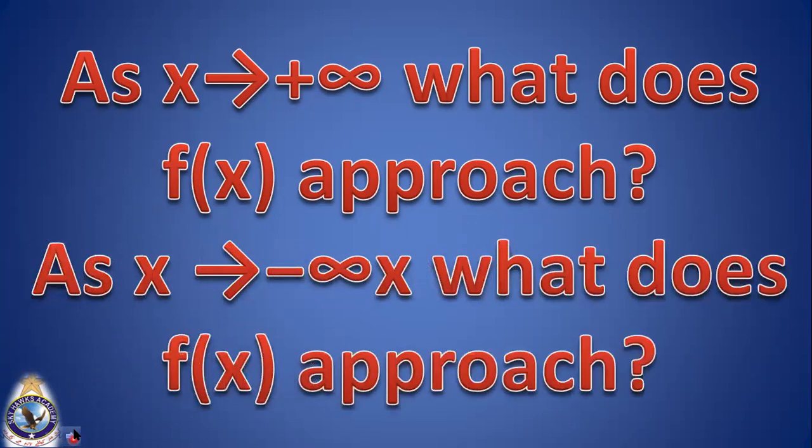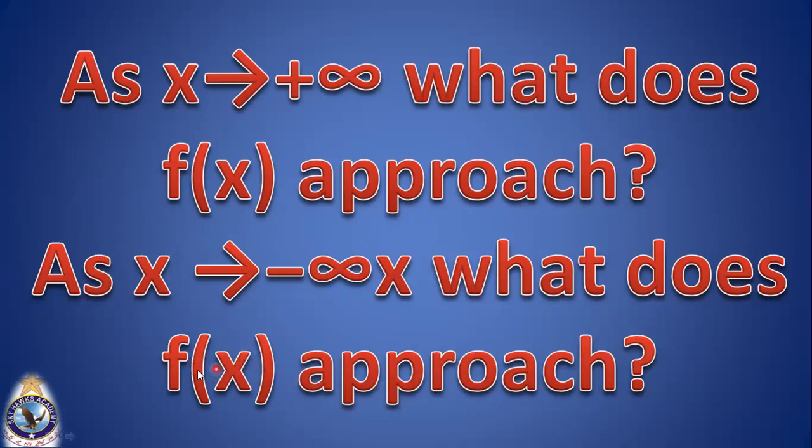Next, the second is, as x tends to negative infinity, what does f(x) approach? So as we were looking at the positive values, now we are putting in the negative values for x. So what is the approach, where is it going?